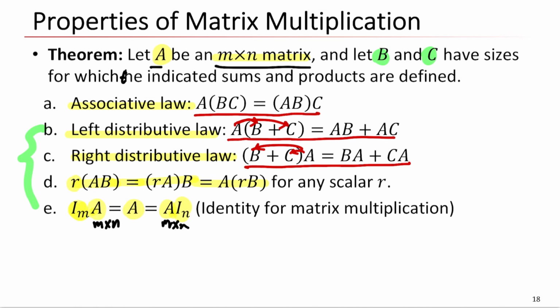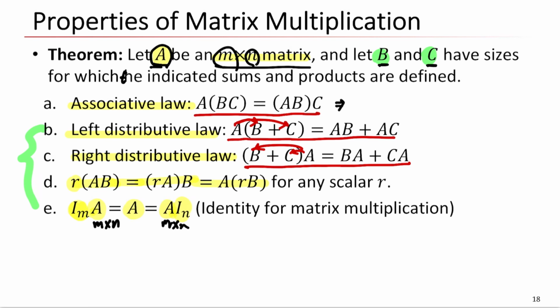For example, in this property, matrix A has m rows and n columns, right? So the size of matrix A is m by n. Then matrix B and matrix C have sizes for which the indicated sums and products are defined. It means that the size of matrix B and C might not be the same as the size of matrix A.